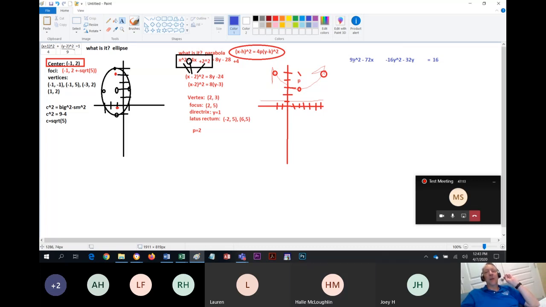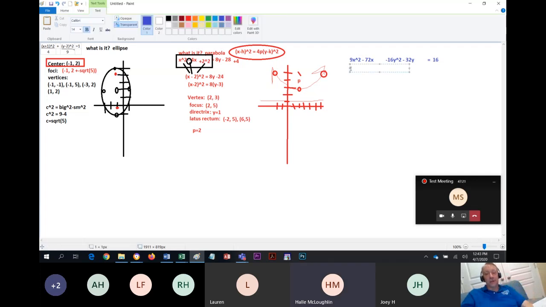And in order to complete the square, I have to have that. So to make it a 1x squared, I'm going to factor out the 9 out of the first 2 terms here. So this becomes x squared minus 8x.